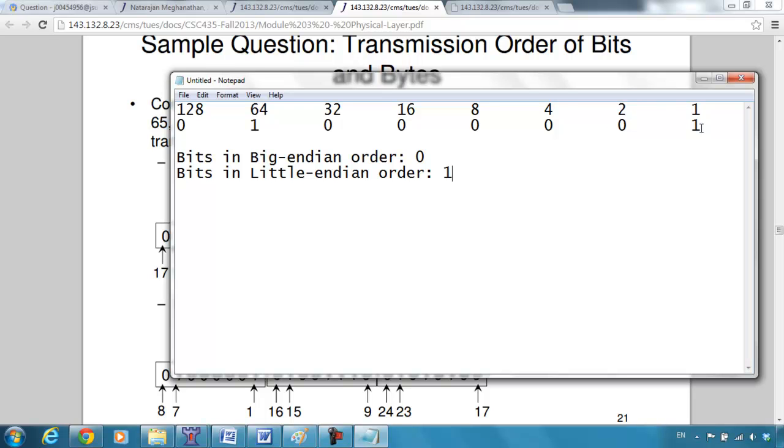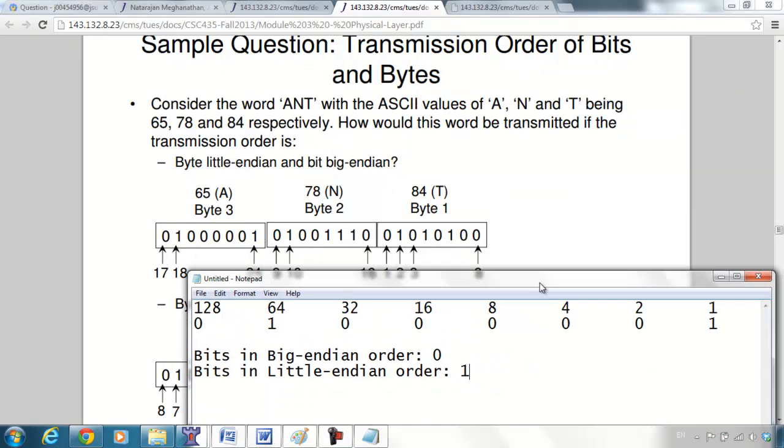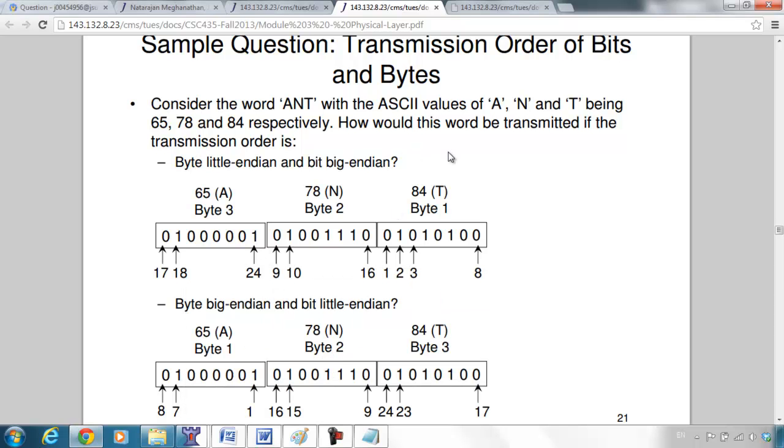so now you want to send these characters, right? So I have, say, A, N, and T. In a word like AND, the first character is the most significant character because that's what you want to send first, right? And the last character that you want to send can be treated as the least significant character.